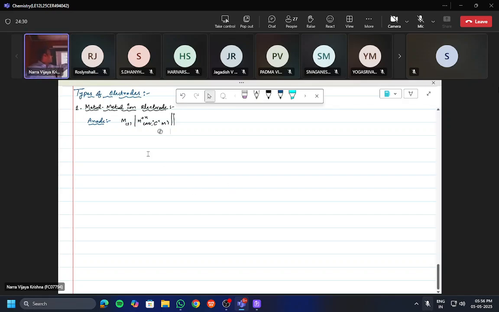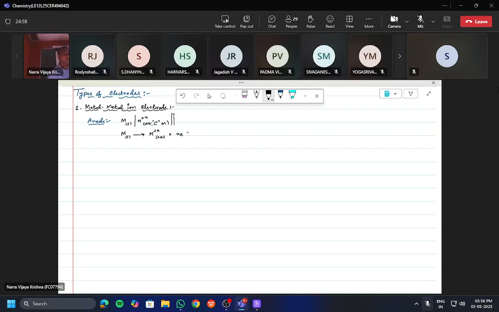A metal immersed in its metal ion solution. I am writing it on the left side of the salt bridge, so definitely it is the anodic reaction. What should happen at the anode? M gives rise to M plus n aqueous plus n electrons.